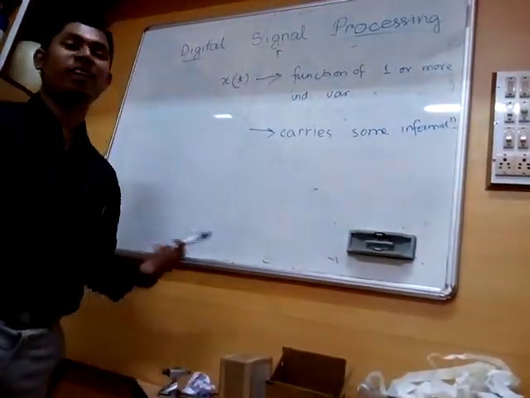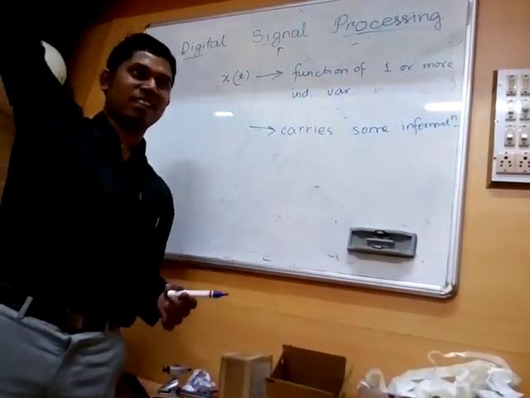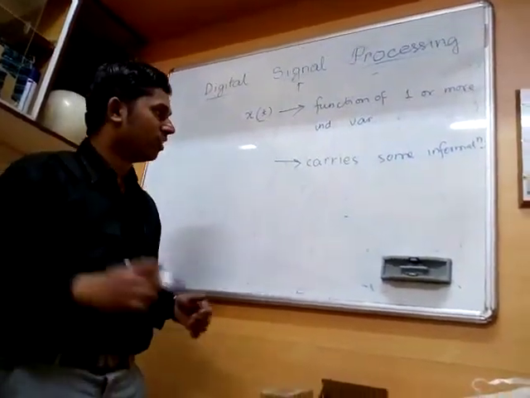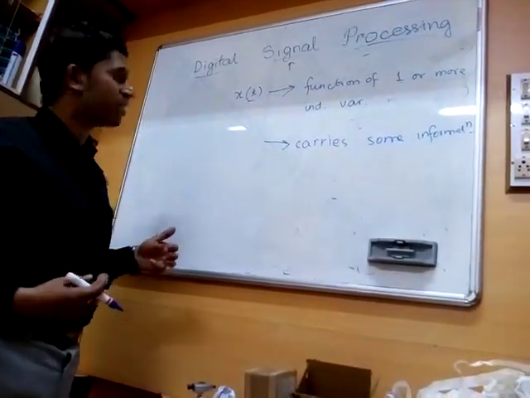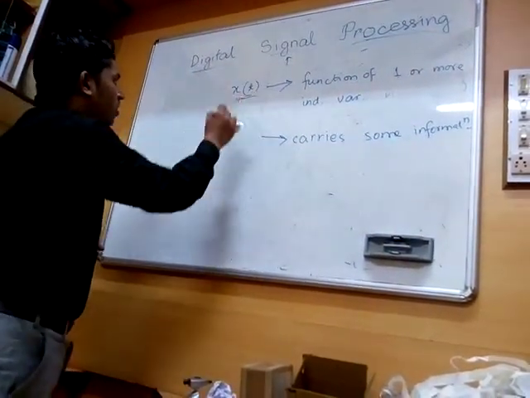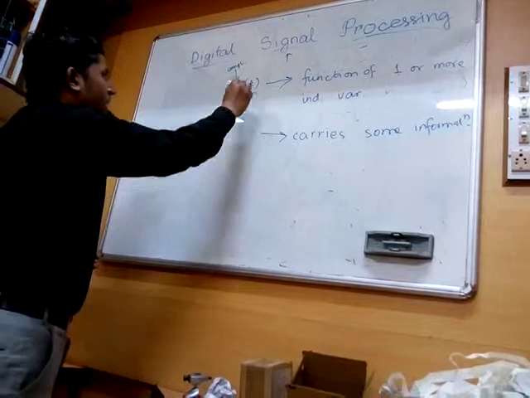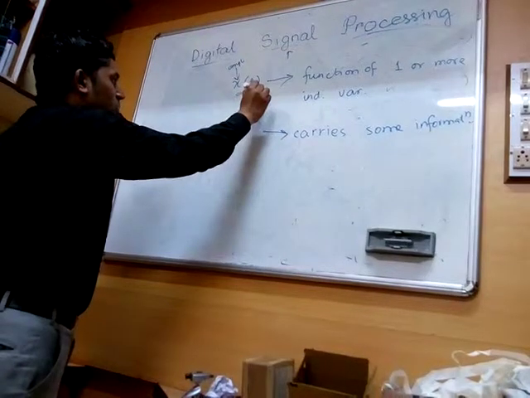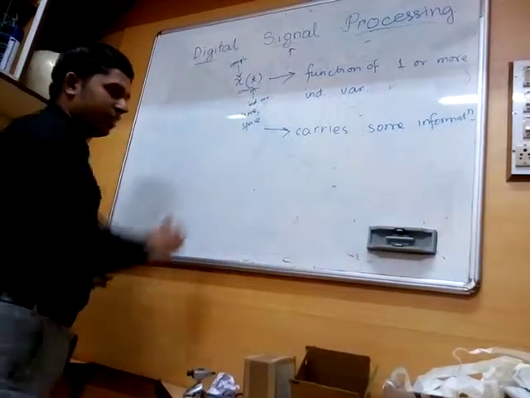Say in our day-to-day lives we give some kind of gestures as a signal. Say this means you lost the match, this means you are victorious. So when we represent something mathematically, it becomes a signal, and we are interested in this kind of signal where this indicates the amplitude of the signal and this indicates the independent variable, which can be time, which can be space or anything.